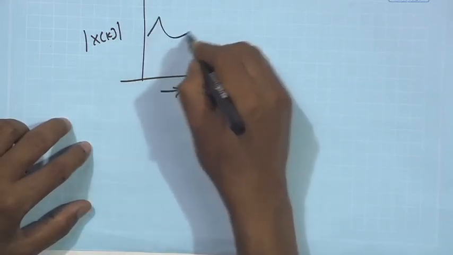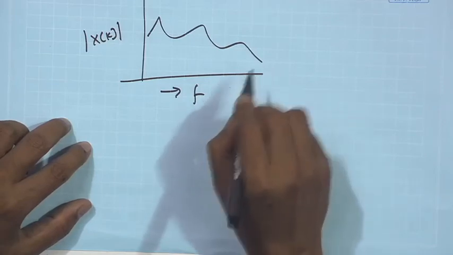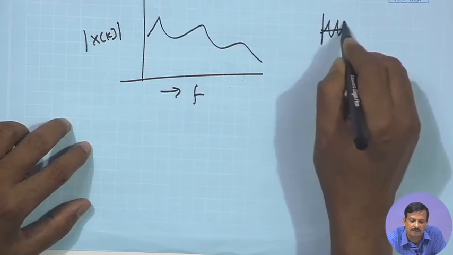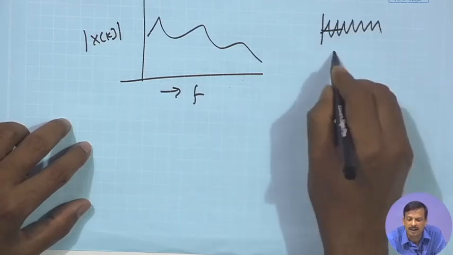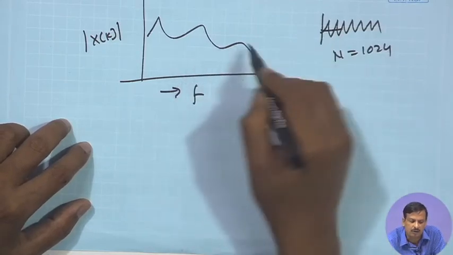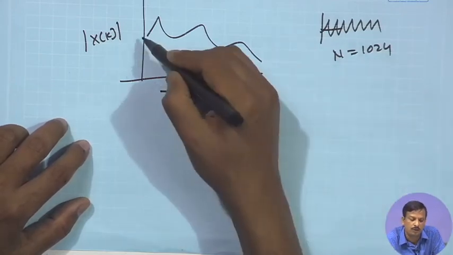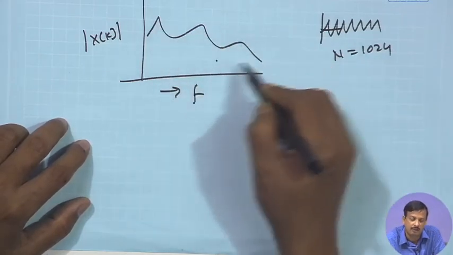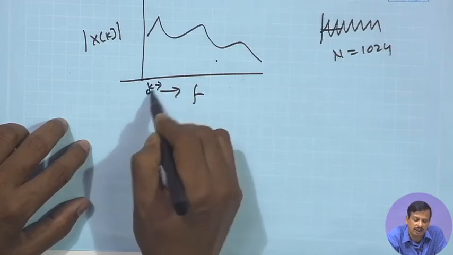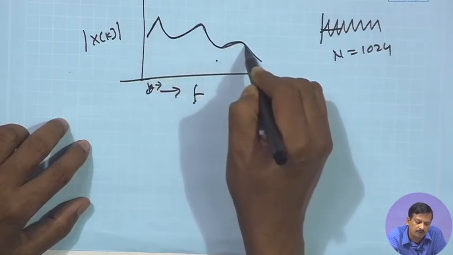That drawing is called the spectrum of the signal. So, if I tell you to record the vowel a, take n equal to 1024 points and draw the spectrum of the vowel a, I will draw the frequency response of the vowel a. That means I draw it with respect to k, and I can convert k with respect to f, and then I get the frequency response of the signal.